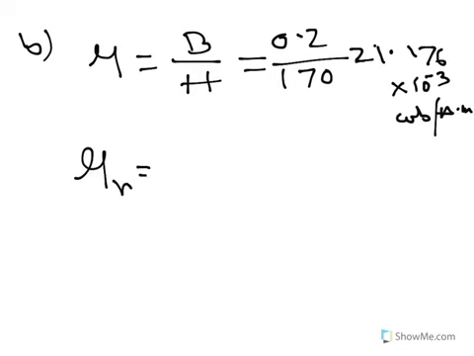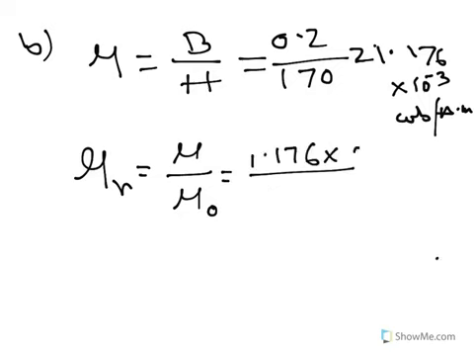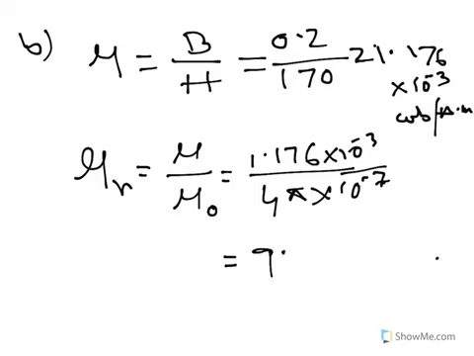The mu is 1.176 10 to the power minus 3, and the mu naught in free air is 4 pi 10 to the power minus 7. We can put that in, and then we have the value as 935.83. So that's the relative permeability.